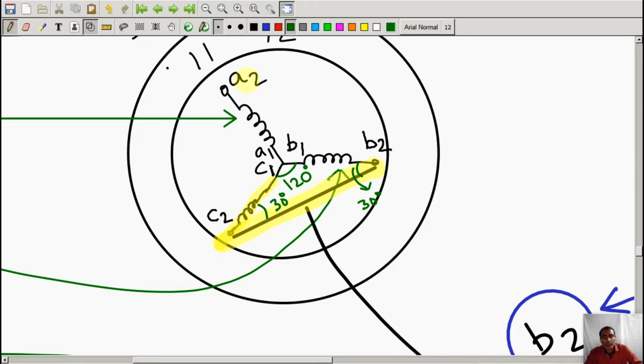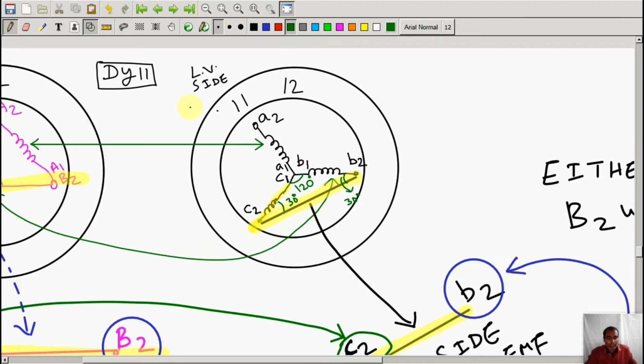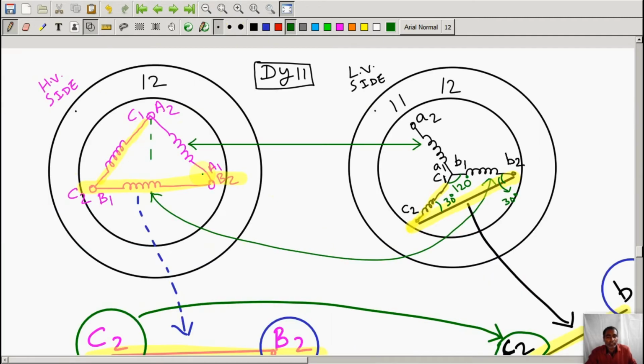So now if I make the comparison of this one with this one, you see here. So if I draw a line like this, I can draw the line like this, isn't it?